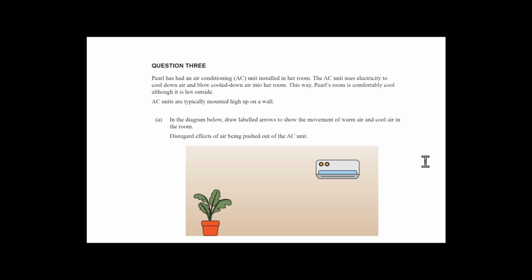So in the diagram below, draw labeled arrows to show the movement of warm air and cool air in the room. So let's do the warm air. So the warm air is going to rise. It's going to want to rise and expand into more space.